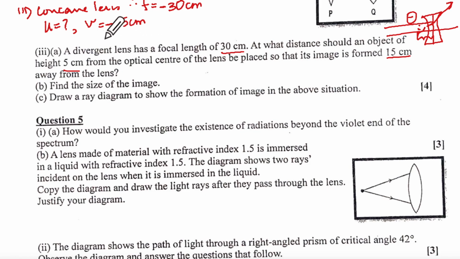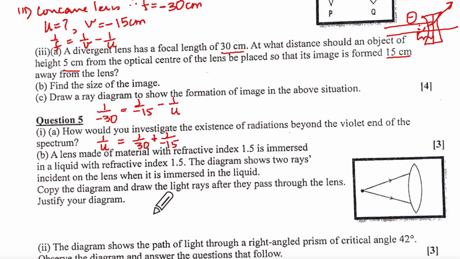Which is the formula? 1 upon f is equal to 1 upon v minus 1 upon u, correct? So that will give us 1 upon minus 30 equal to 1 upon minus 15 minus 1 upon u. Take 1 upon u to that side, so 1 upon u becomes positive. 1 upon 30 becomes positive on the right. So 1 upon u equals minus 1 upon 30 plus 1 upon 15.